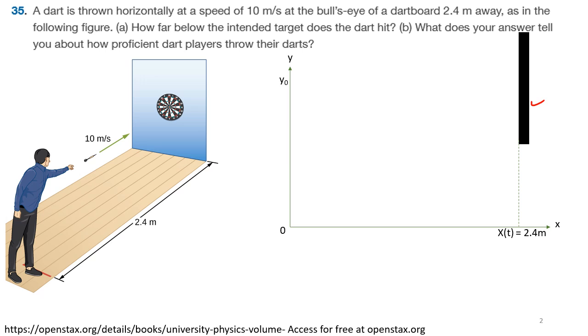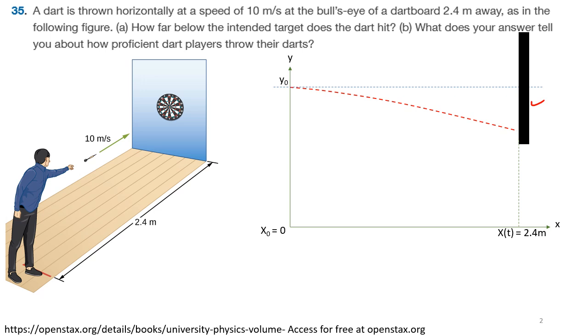Now y_0 is the position of the dart when time is equal to 0, the starting position of the dart. In the y coordinate it's y_0 somewhere here, and the x coordinate is 0. x_0 is 0, y_0 has some value. This distance is 2.4 meters, that is x_t minus x_0 is 2.4 meters.